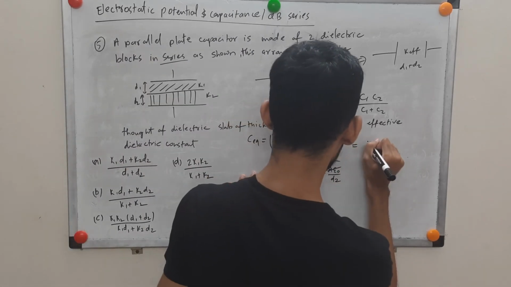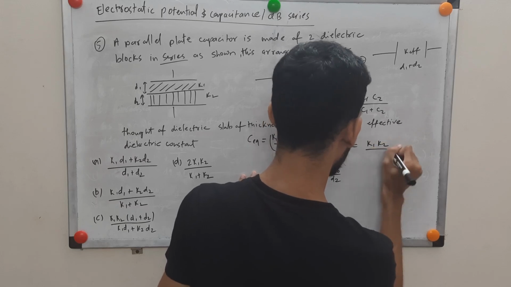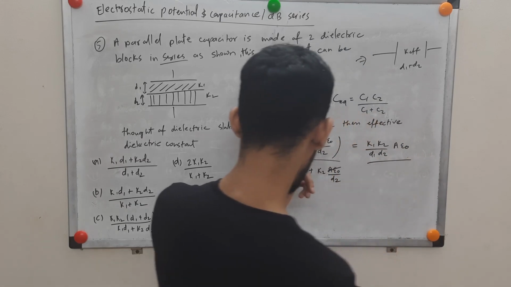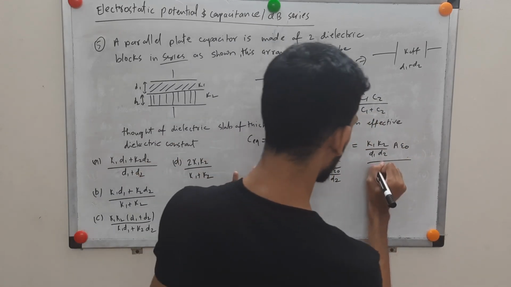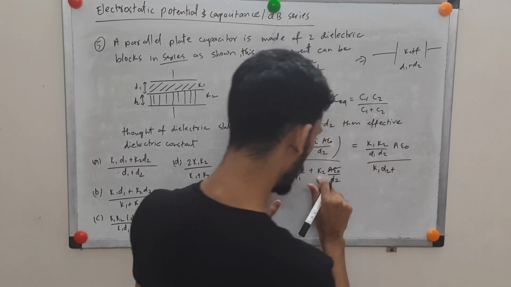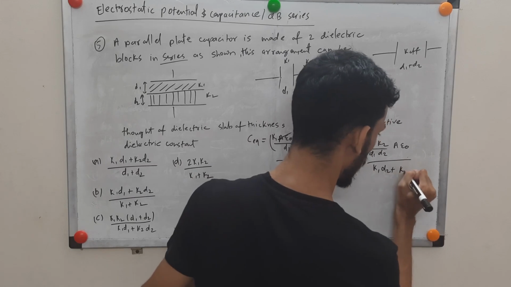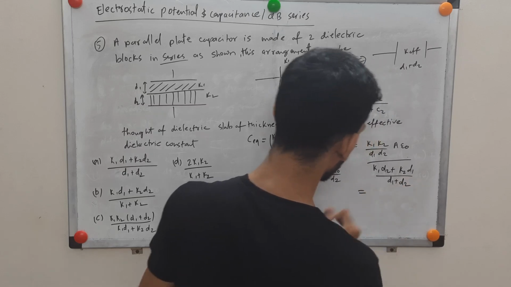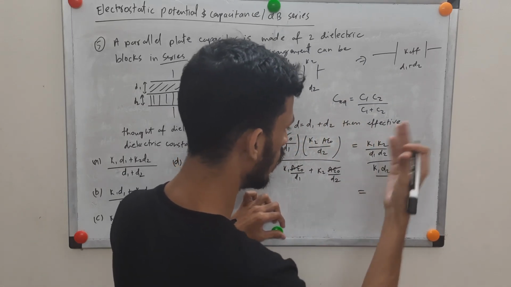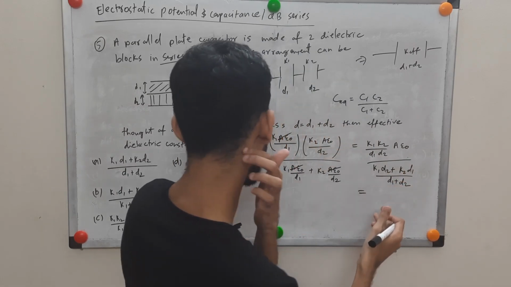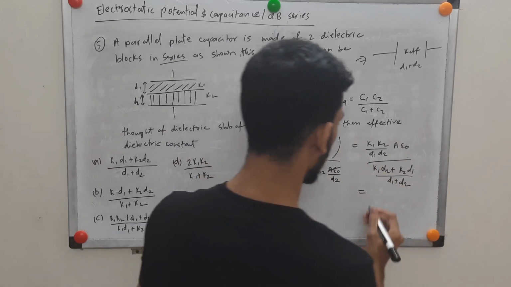So you have K1, K2, A epsilon naught over D1 D2. And what do you have in the denominator? K1 D2 plus K2 D1, with LCM I am taking, upon D1 D2. Now we have two things in the denominator, so we can flip it and take it to the numerator.